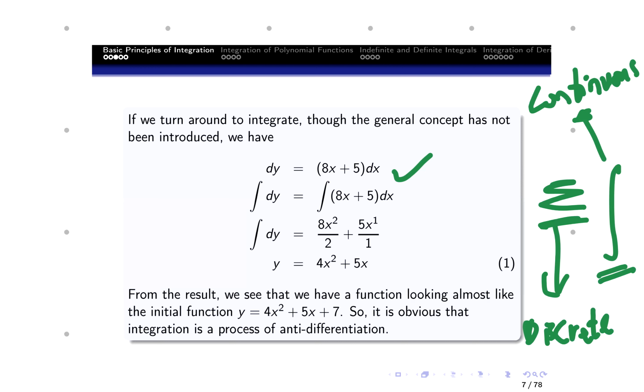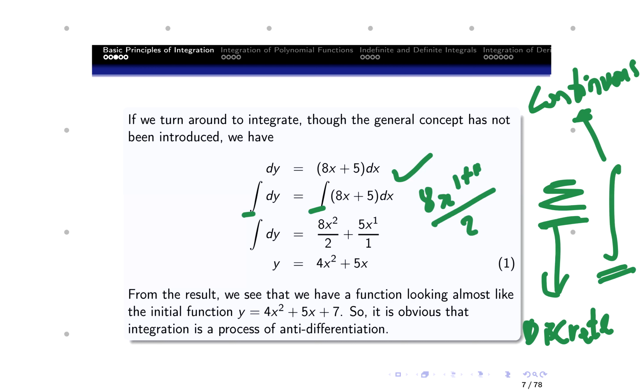Okay. So dy is (8x plus 5) dx. Then you put the integral sign on both sides to integrate. And so you can now break this apart. The principle of integration, as you're soon going to find out, is this: when you have 8x raised to power 1, to integrate, add 1 to that power and divide by the new power, which is 1 plus 1.